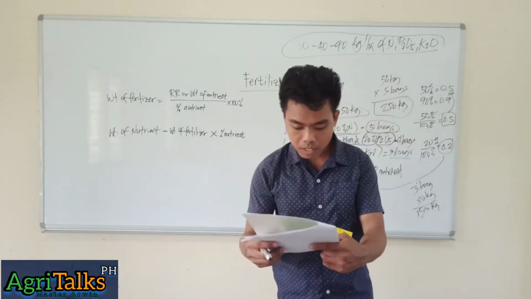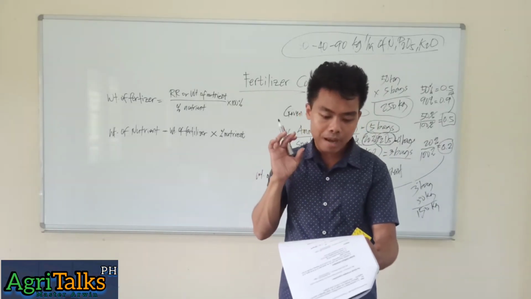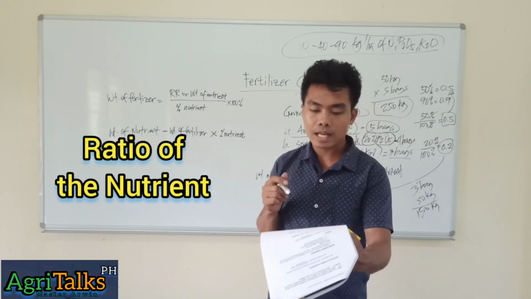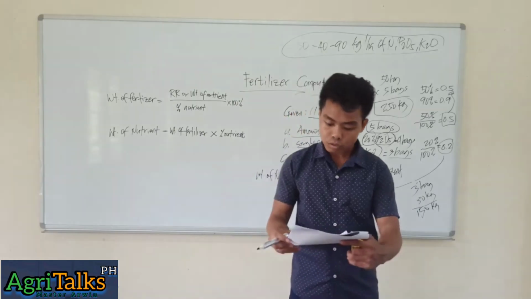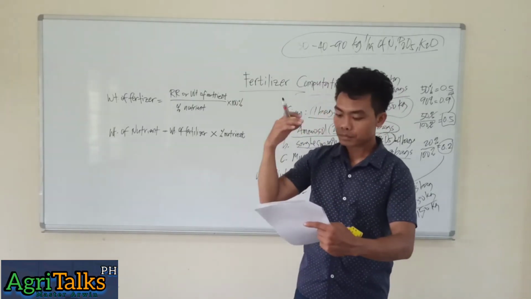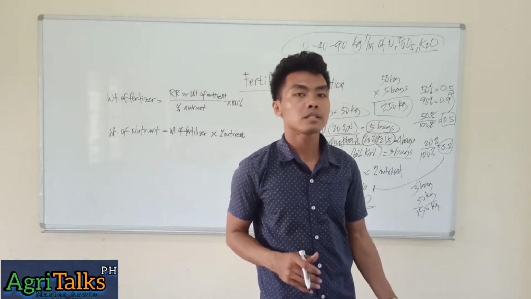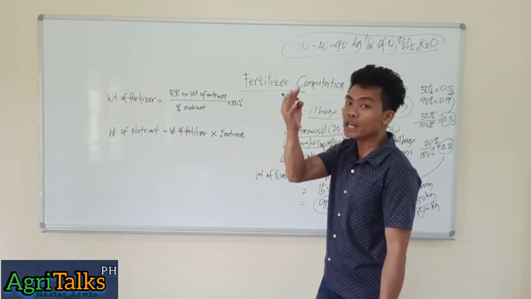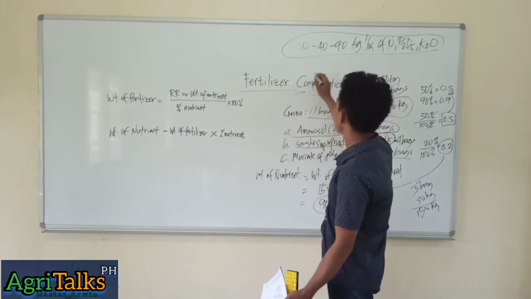We have another question. What was the approximate ratio of fertilizer elements? Okay? So when you have a ratio, the rule is we have three items.